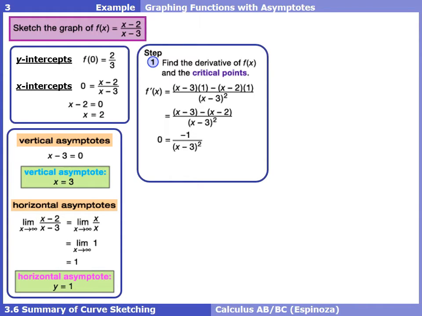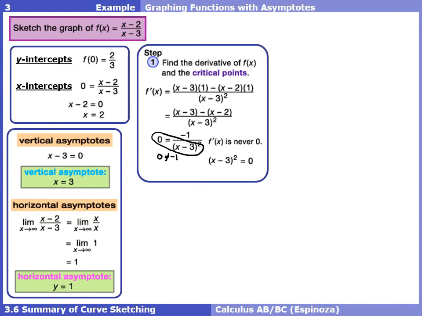And we're going to have to set that equal to 0. You'll notice, if you were to cross multiply, we would end up with 0 equals -1, which we know can't be possible. So we don't get any x values for when the derivative is equal to 0.